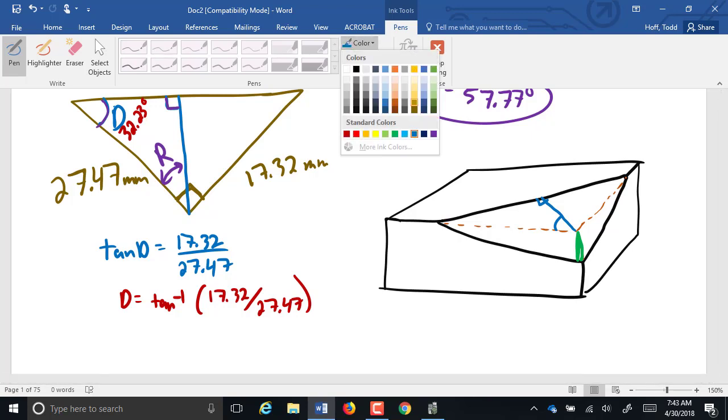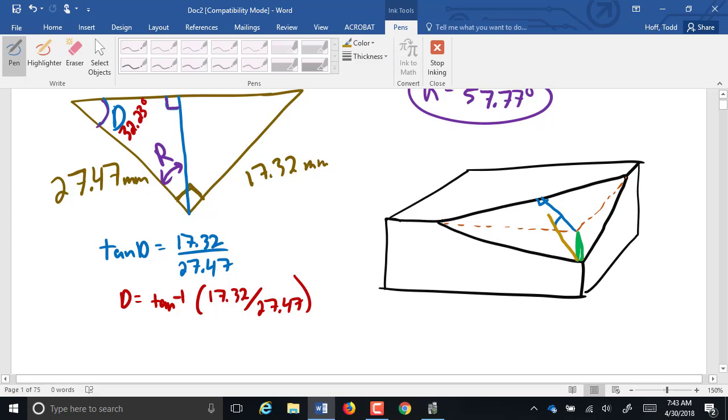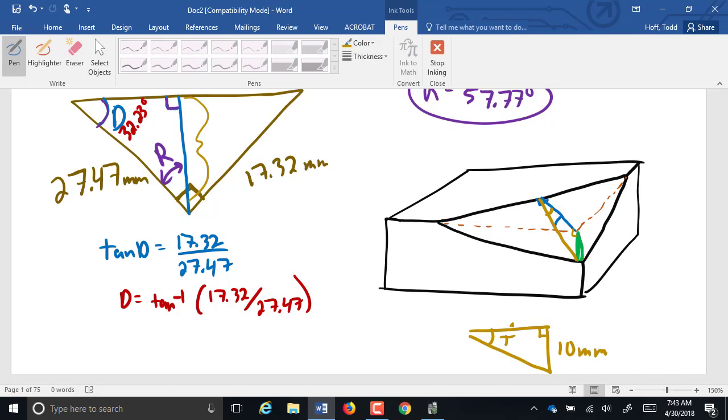This angle right here is going to be my angle of tilt. So if I look at that from the side, there's my tilt. That's a right angle, that's just the corner of the block here. This height is going to be that 10 millimeters that we made up. This length here would be the length of that line. Does that make sense? So I've got to go back and find the length of that line.